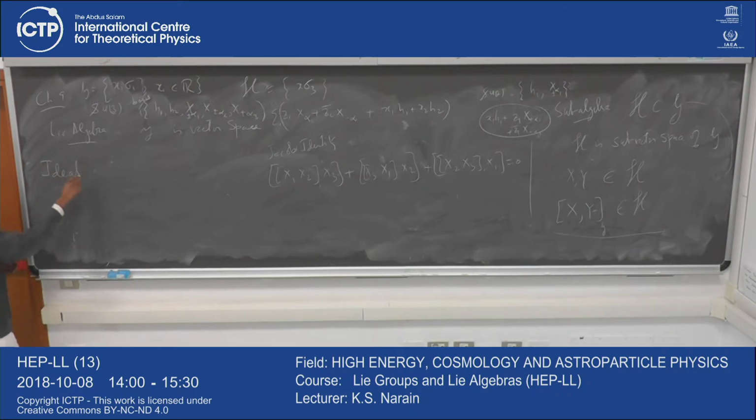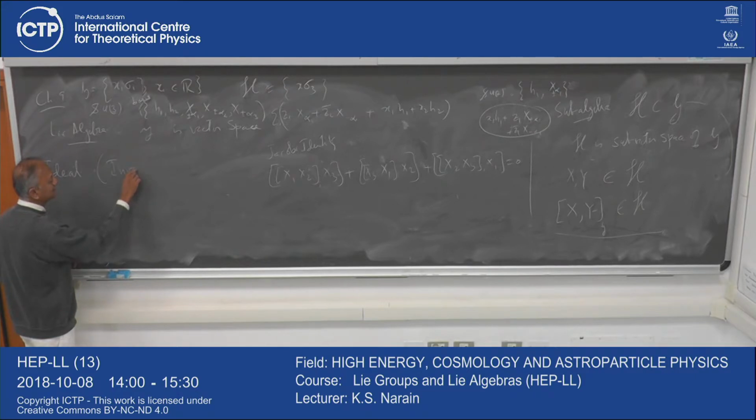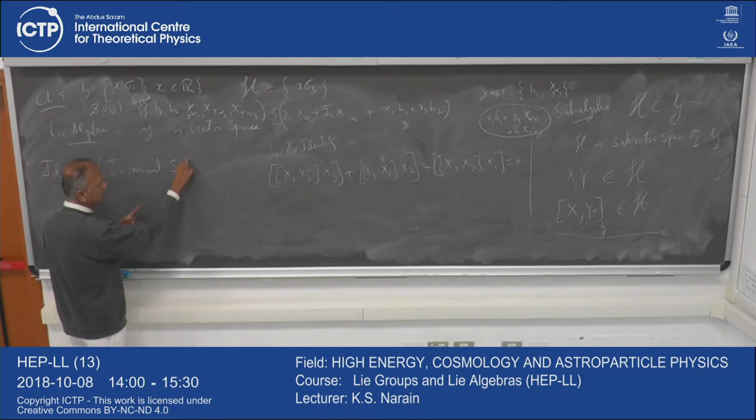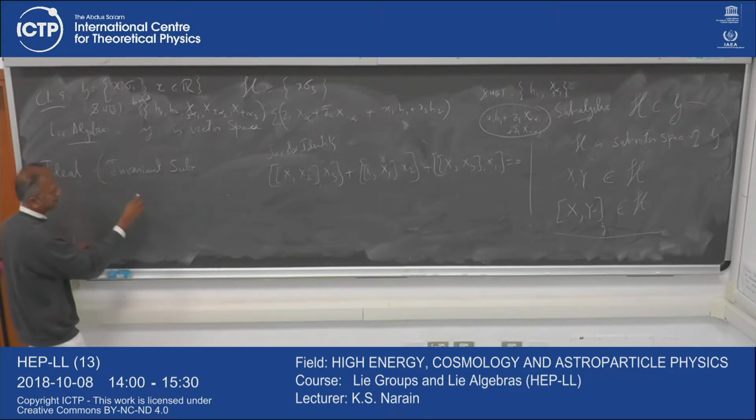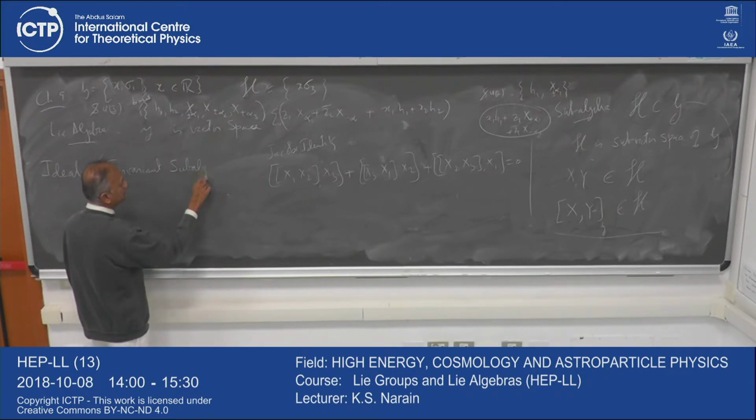Or I prefer to call it, because ideal doesn't give me any meaning, I mean, you say ideal situation, no? Situations are ideal. But I prefer to call it an invariant subalgebra. There's another terminology; sometimes people use this, sometimes people use that. So, invariant subalgebra.